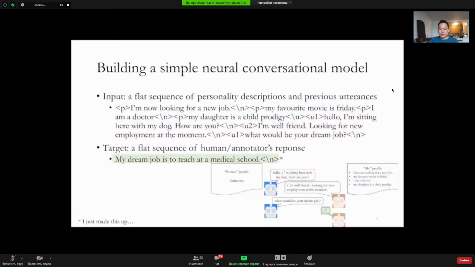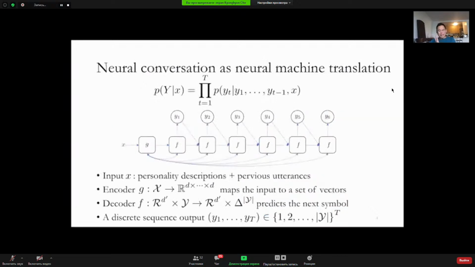And suddenly we have a translation problem. But this is not really language A to language B translation, it's more like the previous utterances to the next utterance translation problem.